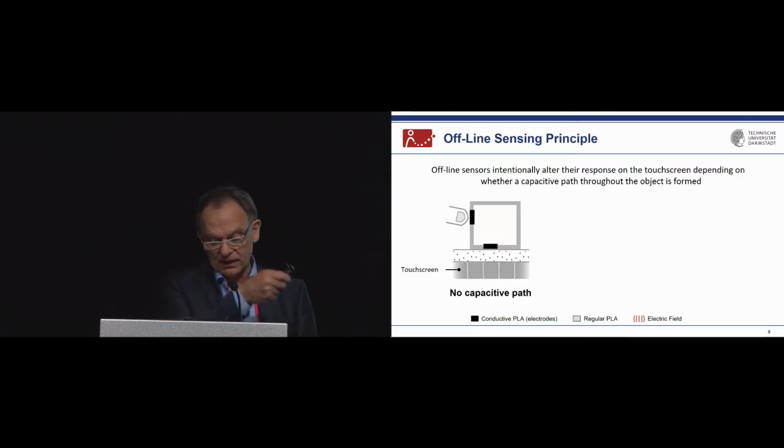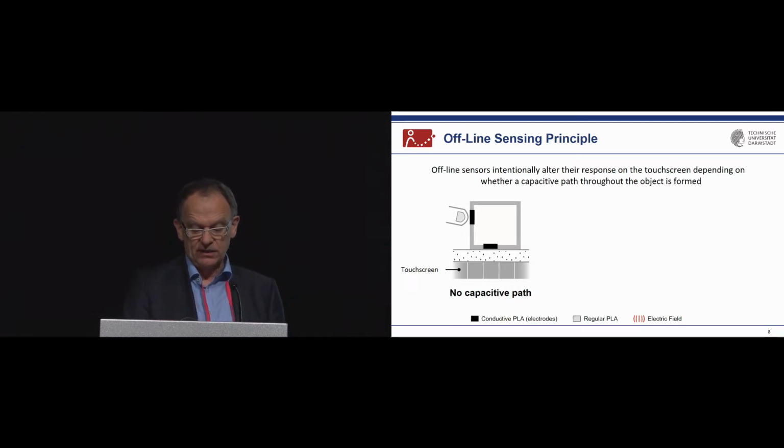And if you now apply a 3D printed object, again, this is a cut through of maybe a cube or something, and you see in black the two conductive areas, then if you would apply on the kind of button you see on the left side, since there's no capacitive path in this case, it would not seriously alter the reading of the interactive area on the bottom.